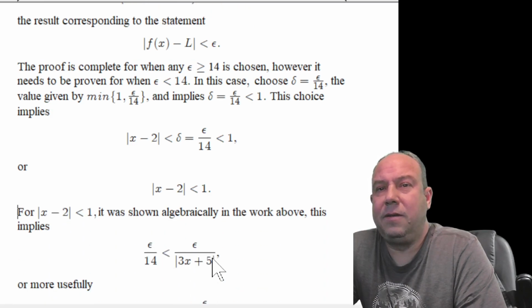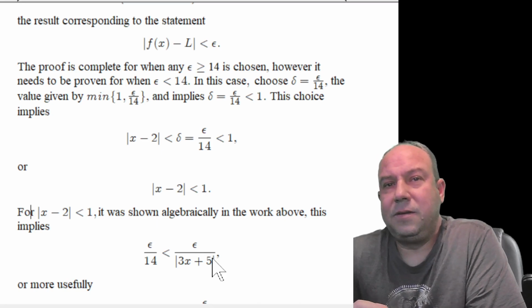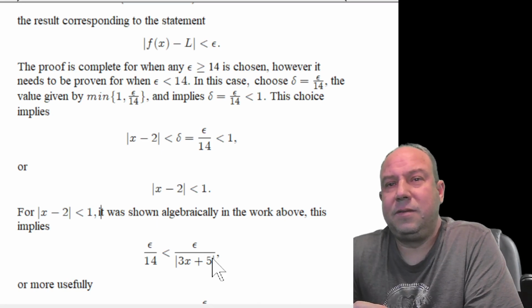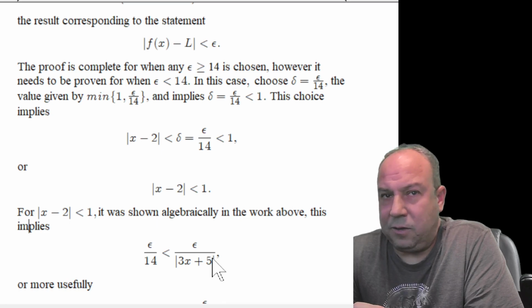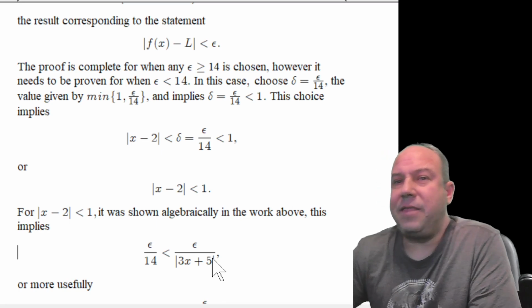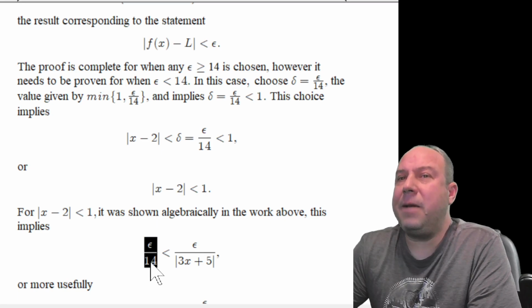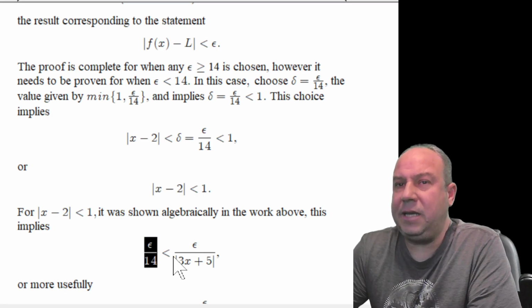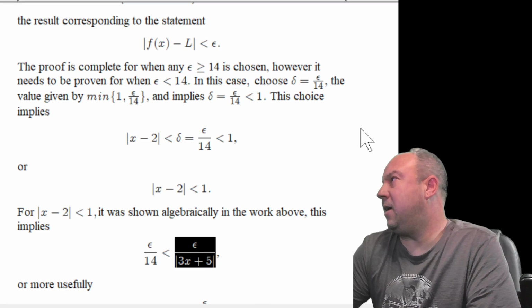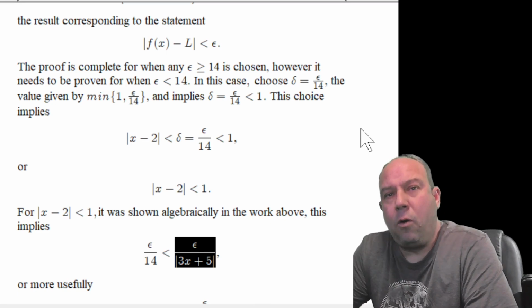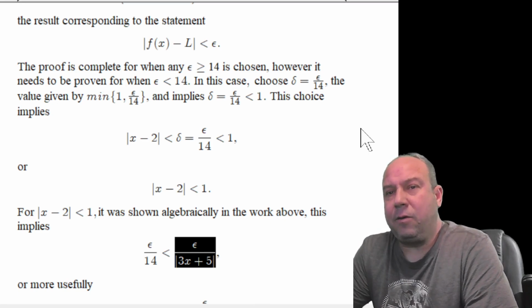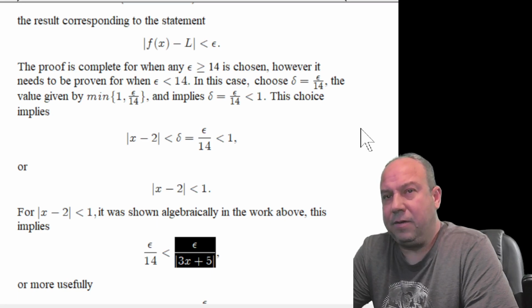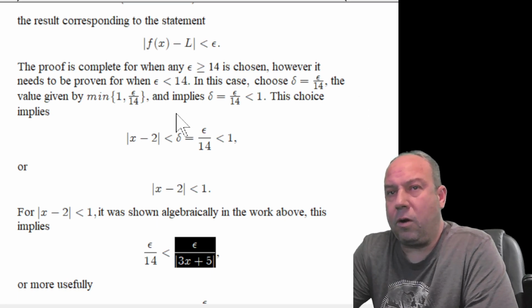Well, it was shown algebraically in the work above that this implies the epsilon divided by 14 is also less than epsilon over the absolute value of 3x plus 5.